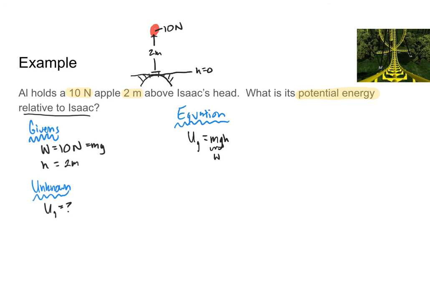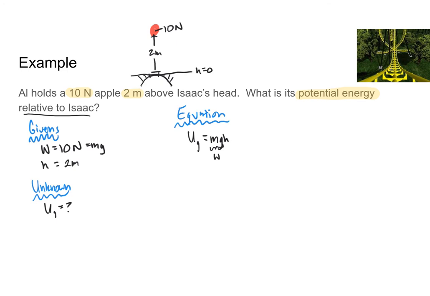So one thing that we can see here, guys, is that another way to write my gravitational potential energy is weight times height, or the force of gravity times my height. Now, regardless of what we choose, we know that my weight, or my force of gravity, is 10 newtons.